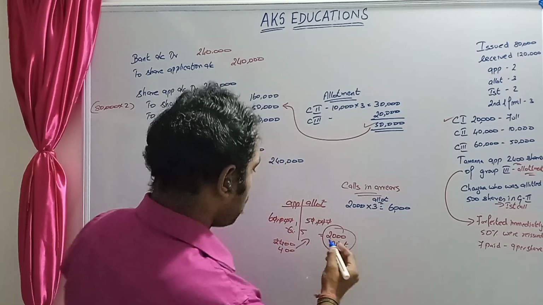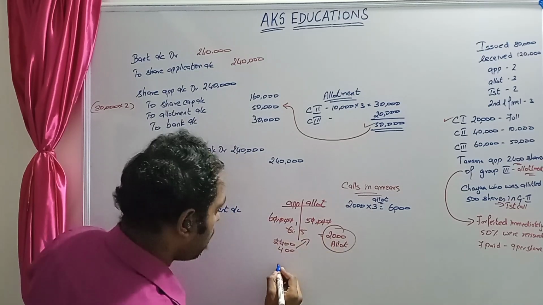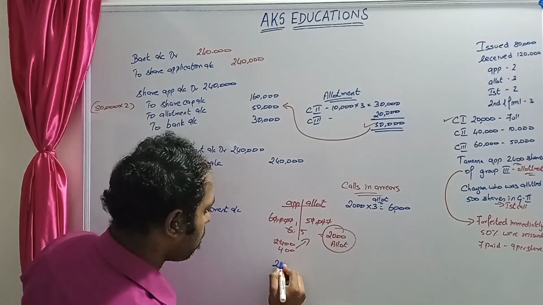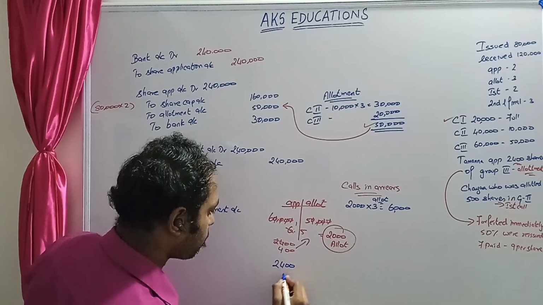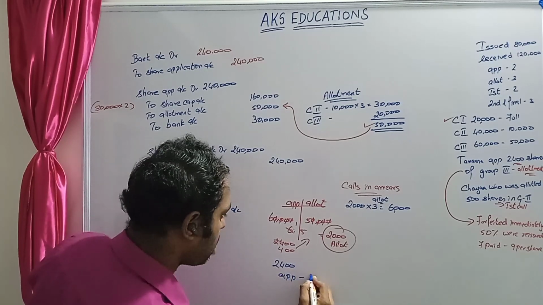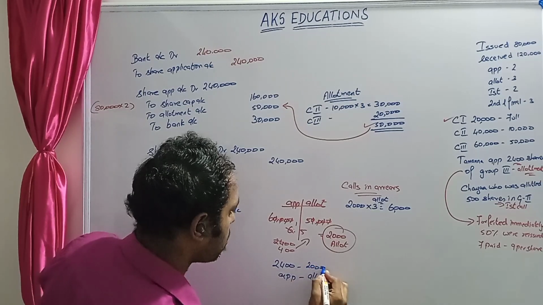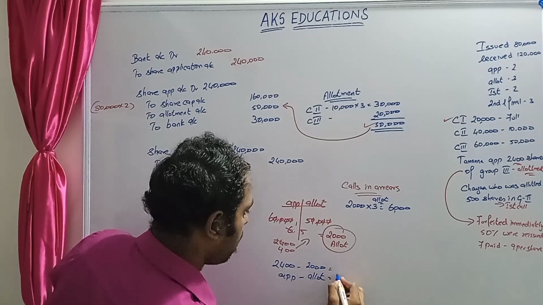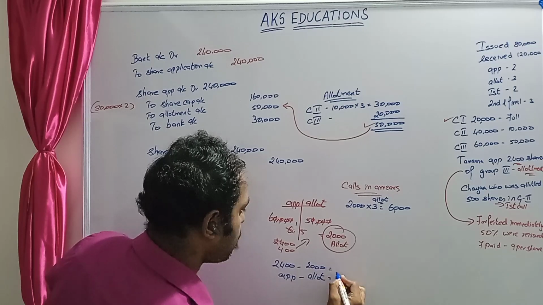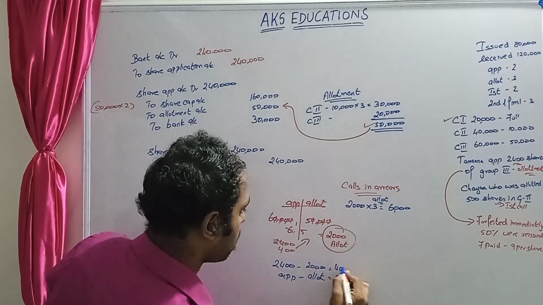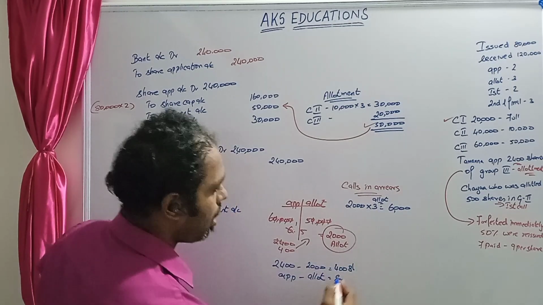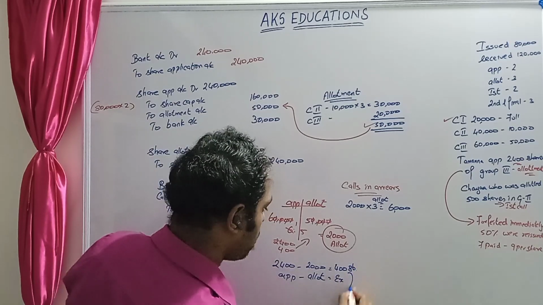Next. So you can see over here Tamanna has applied for 2,400 shares. Applied minus allotted. So how much is allotted? 2,000 is allotted. So you have excess also. So excess is 400 shares. From shares I am converting it to value.